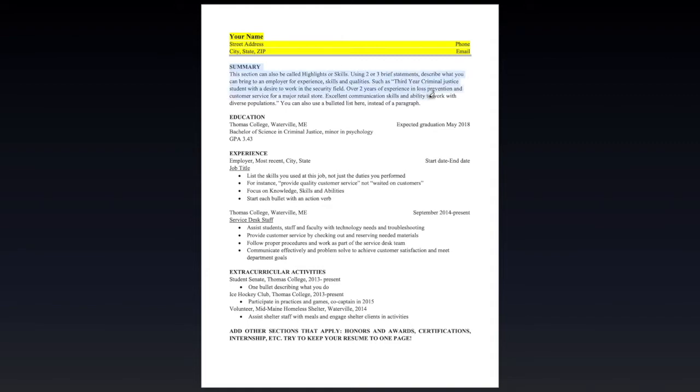After you have done your heading, come down and do your summary. Now, there's a lot of different ways to do resumes, and there's a lot of different templates out there. I like this template specifically for college students or other people who maybe their work experience doesn't match their educational experience.